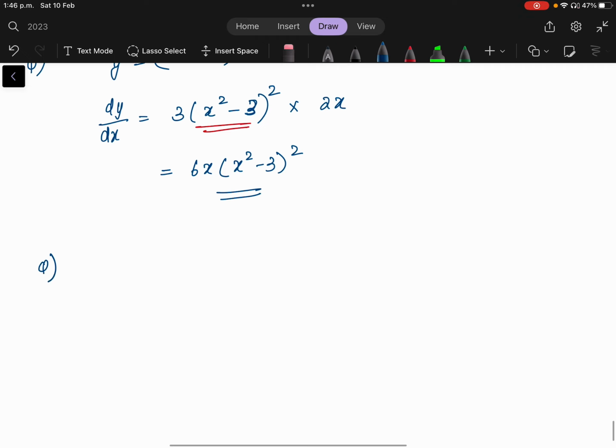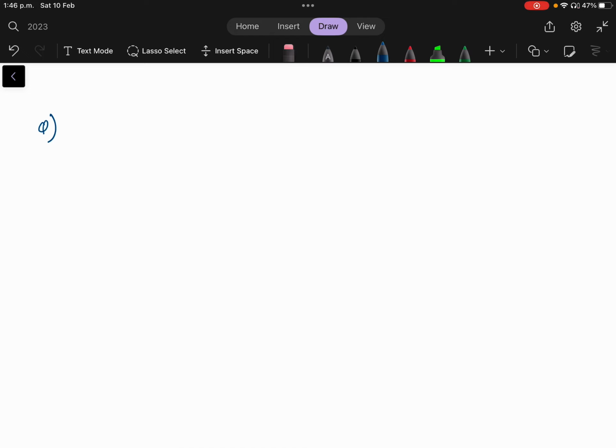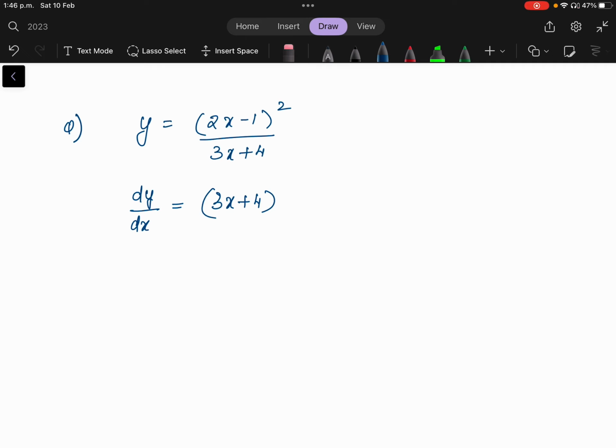Now let's move on to the combination of quotient rule and chain rule. y is equal to (2x minus 1) the whole square over (3x plus 4). So the numerator is a compound function and you will have to simplify this. So dy over dx is equal to, what is the quotient rule? First the denominator, so (3x plus 4) into differentiation of the numerator. So differentiation of this, which is 2 times (2x minus 1) to the power of 1.